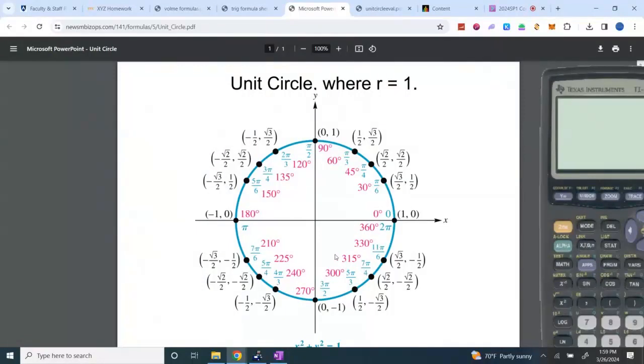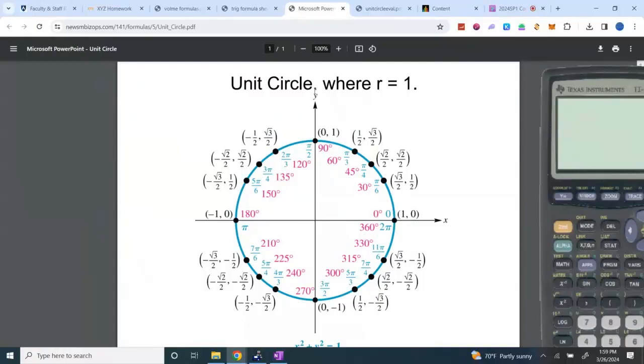Well, I shouldn't say that. I believe there are a couple of questions that use these radian measures. So 30 degrees and pi over 6 radians are exactly the same. Then we have 45 degrees, 60 degrees, 90, so on and so forth, right? And then we make one complete rotation at 360 degrees, which is 2 pi.